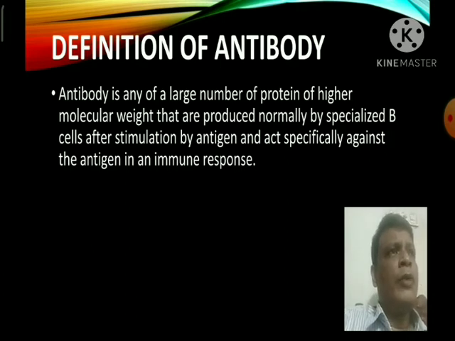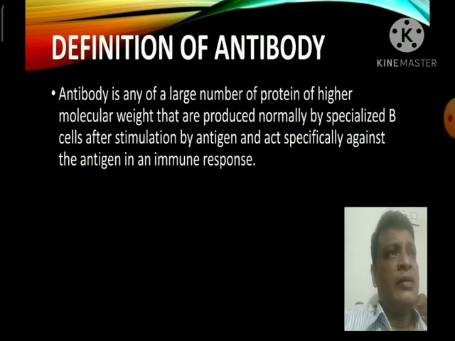When the B lymphocyte becomes matured, a specific receptor protein develops, and when the specific antigen binds to the receptor protein of the B lymphocyte, the B lymphocyte becomes activated and undergoes repeated mitotic division to produce numerous clone B lymphocytes.